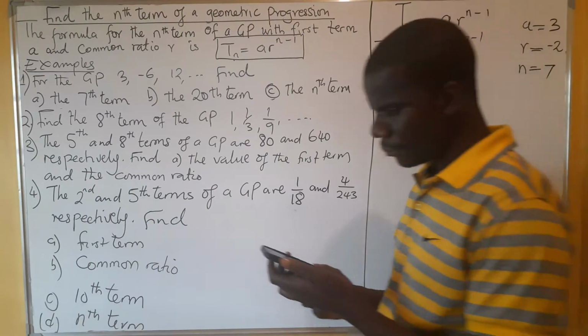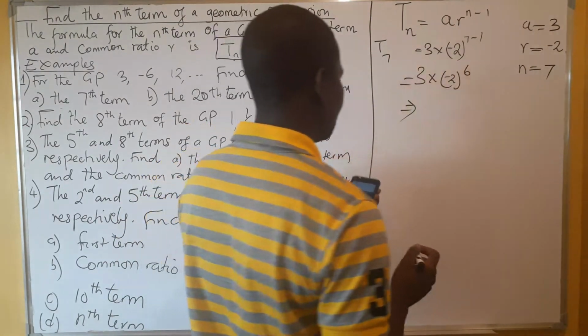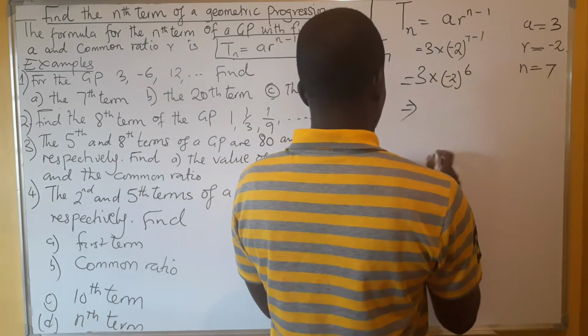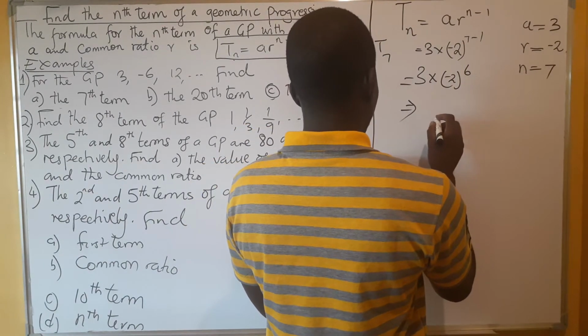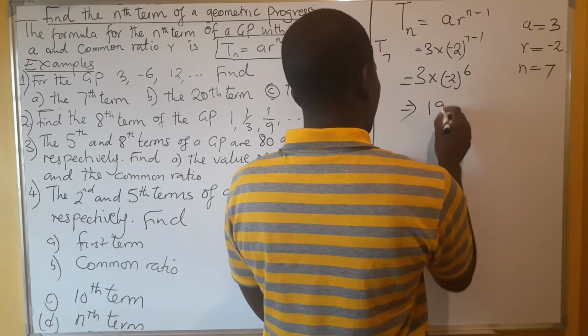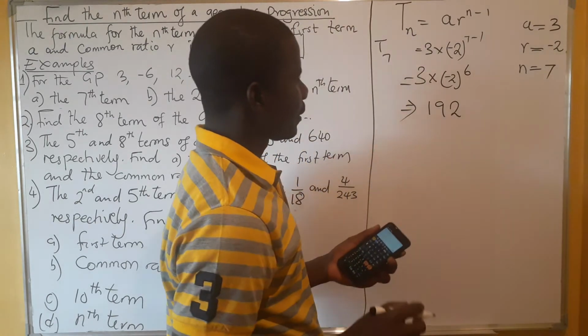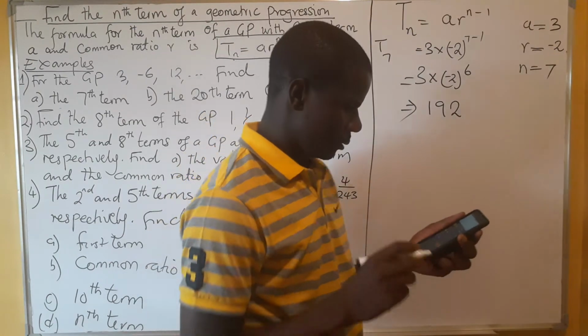So what we are getting, according to this calculator, is 192.